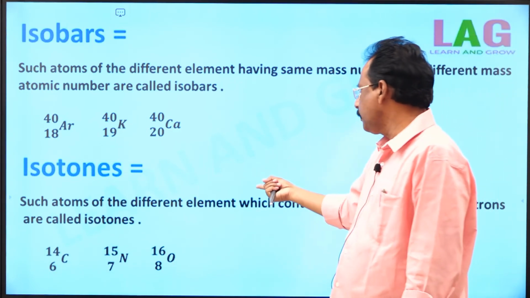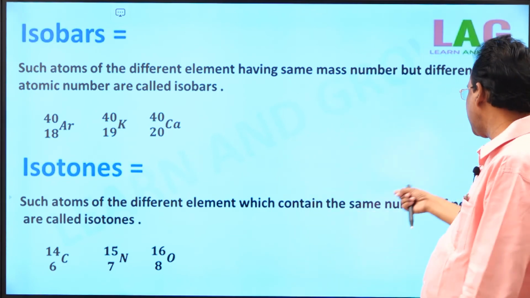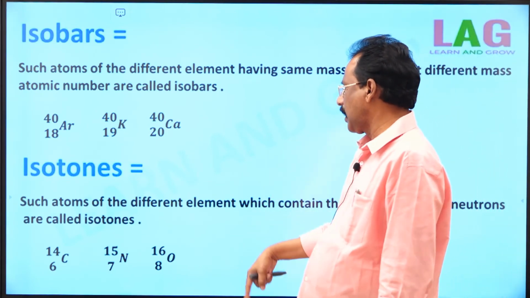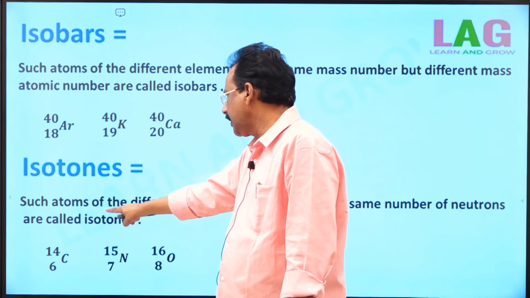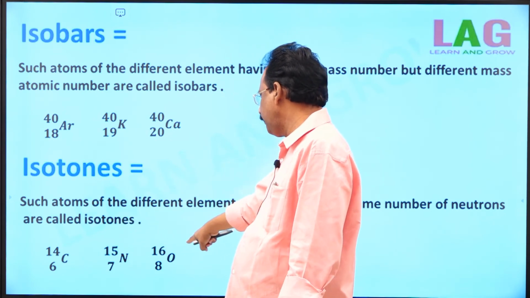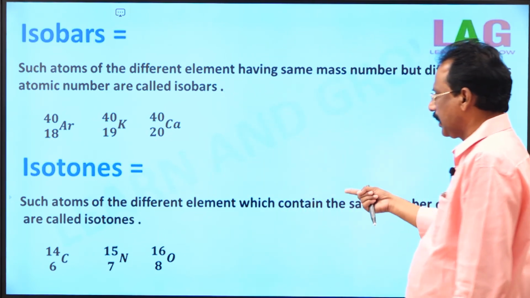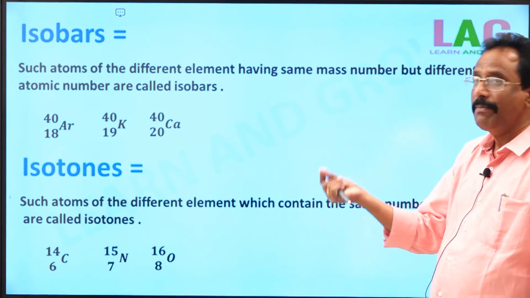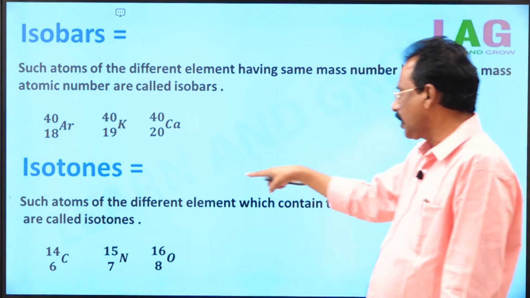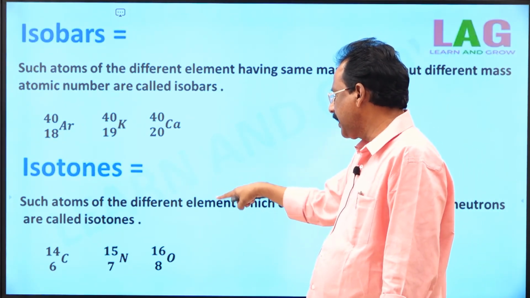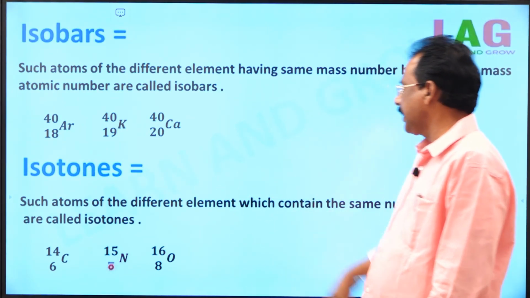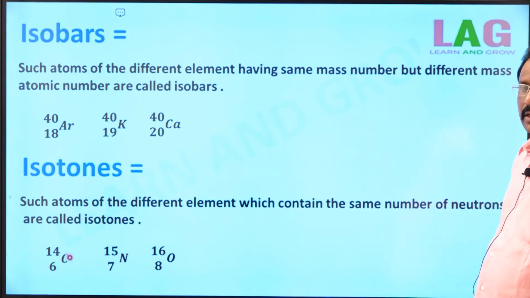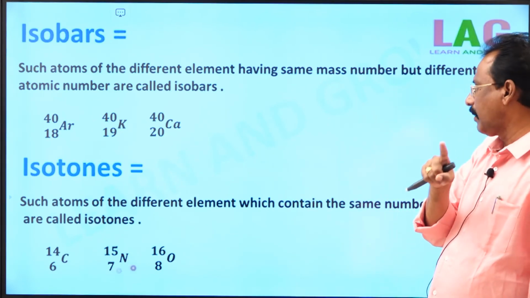And isotones means atoms of different elements having the same number of neutrons. For example, 6C14, 7N15, 8O16, all these 3 isotones have the same number of neutrons: 14 minus 6, 15 minus 7, 16 minus 8. So that means these 3 have 8 neutrons.